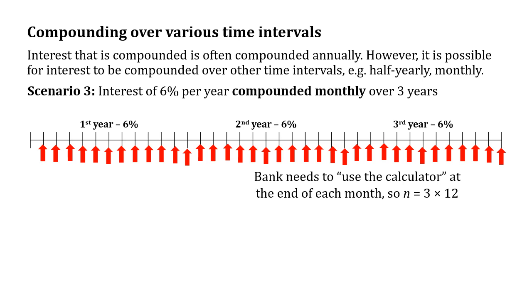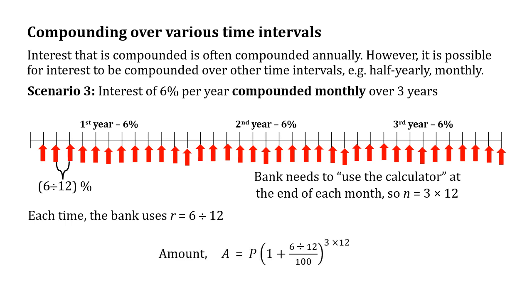And that's the value we use for N. And you will also expect that the interest per month is not 6%, but it has to be split equally across all the 12 months. So it's 6% divided by 12. And that's the value of R used in the calculation. Same formula, but different values for N and for R.